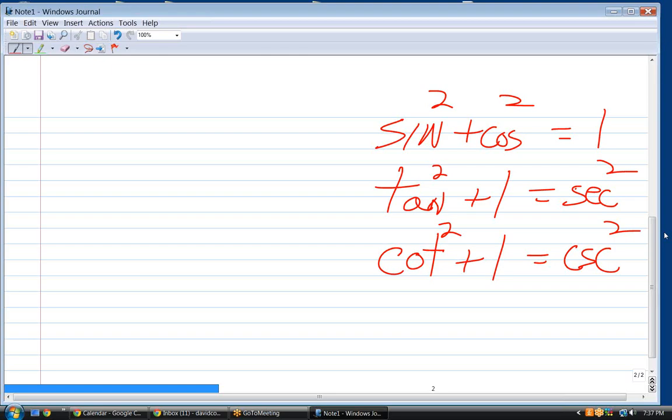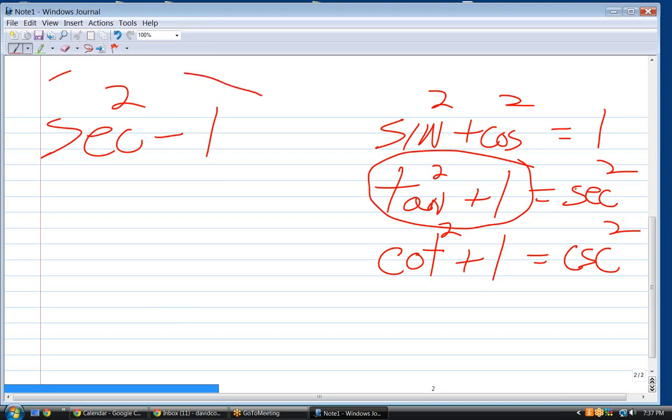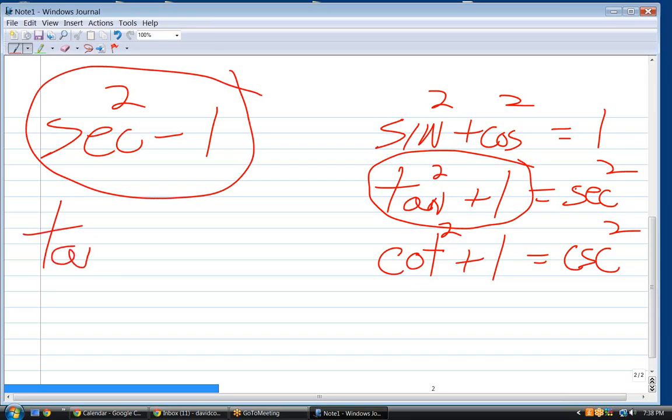And likewise, you're not usually going to see that in an identity. What you probably are going to see is something like secant squared minus 1. That's equal to tangent squared. Or tangent squared minus secant squared, that's going to be equal to minus 1.